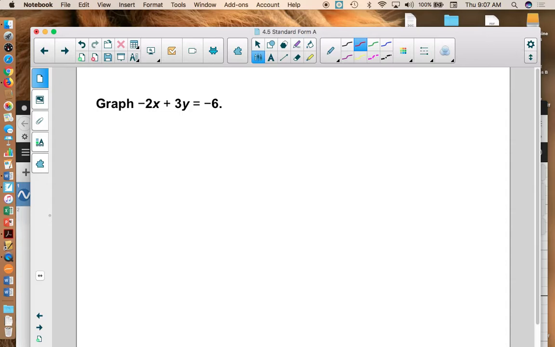Give me the standard or the slope-intercept form of that equation. Try it and then.